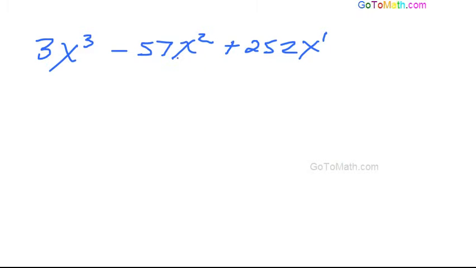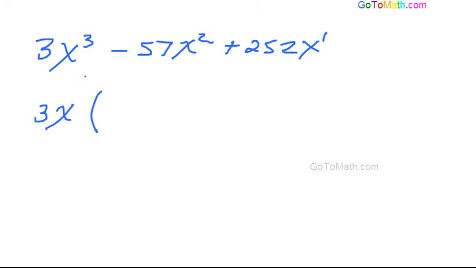Now what about 3? It could be getting tricky here. Does 3 go into 57 and does 3 go into 252? I'm going to cheat. 3 does go into 57 and 3 goes into 252 84 times. So we can pull out a 3 and also pull out an x here.